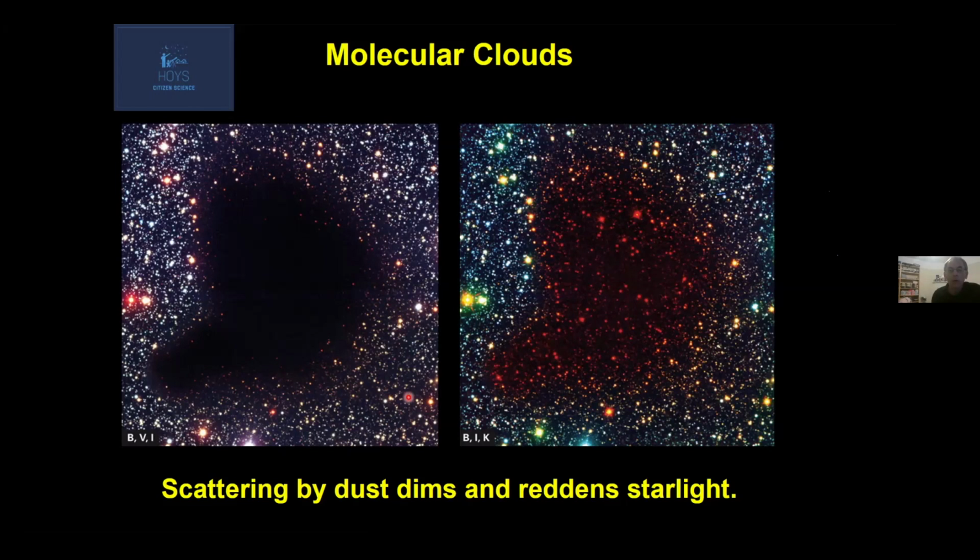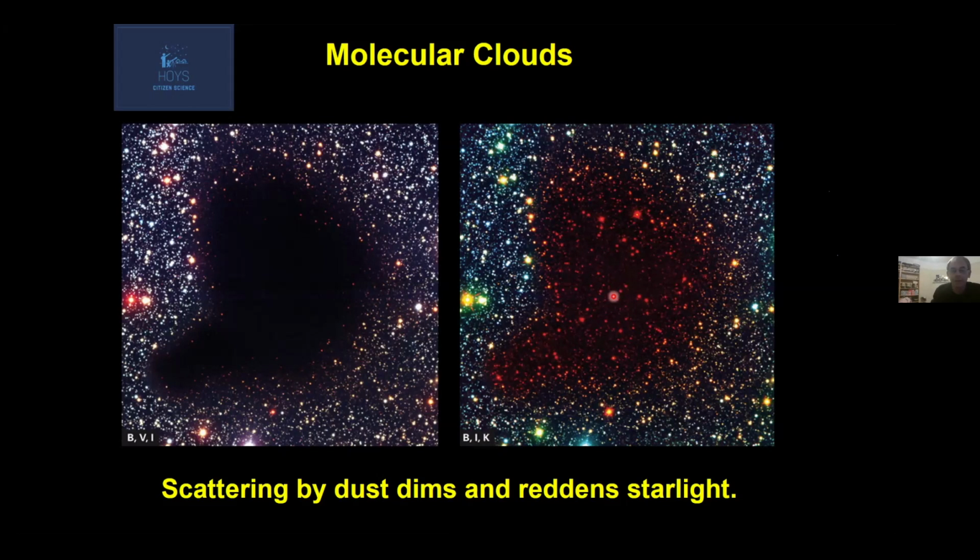If you look at longer wavelengths, where you include light from the near infrared, so at 2.2 micrometers, and you make a color picture out of that, then you start actually seeing the stars through the cloud. And the reason is there's less scattering at longer wavelengths.